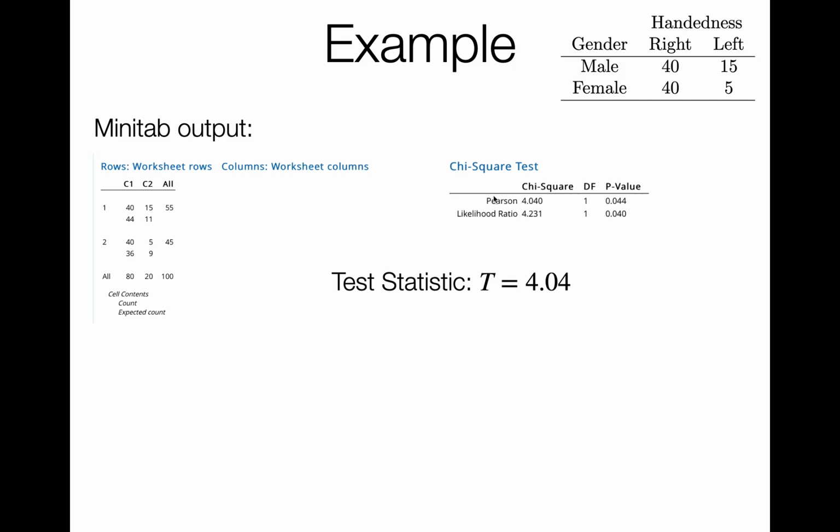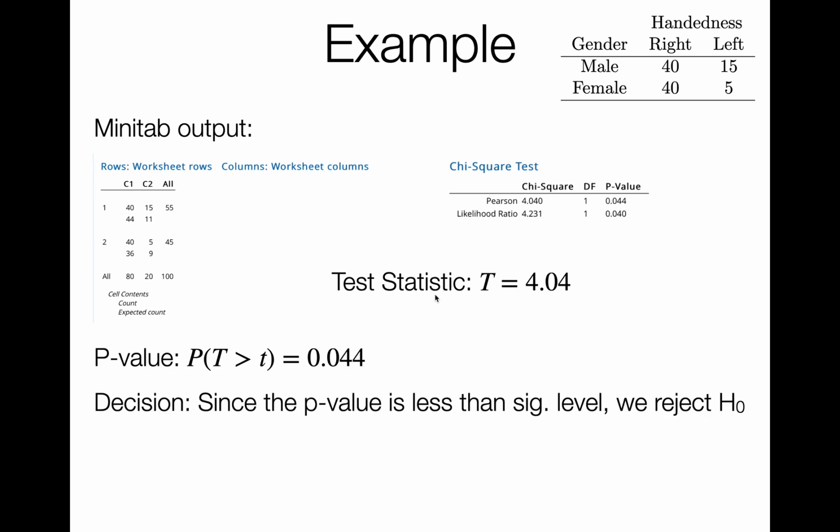His name was Karl Pearson. He came up with this method. And so this 4.04 is the chi-square value here. It tells me how many degrees of freedom there are as well. So there's the test statistic. There's the p-value, it also states it.